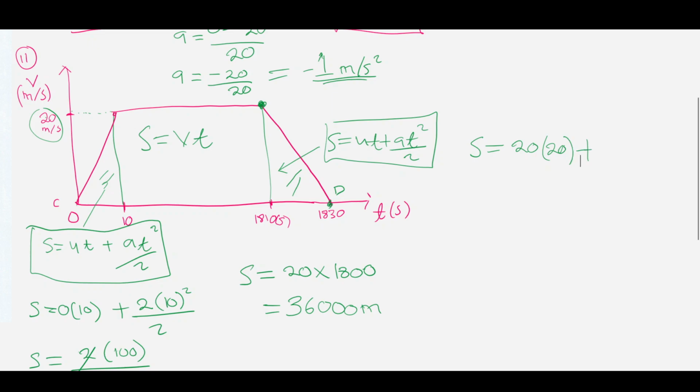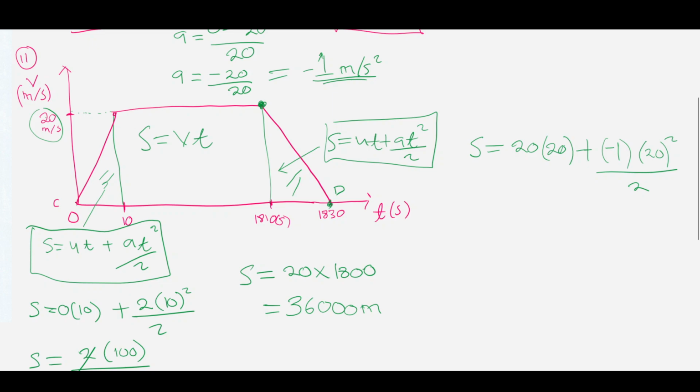Remember we said a is -1, so we can put it in brackets, times t, which is 20, squared over 2.